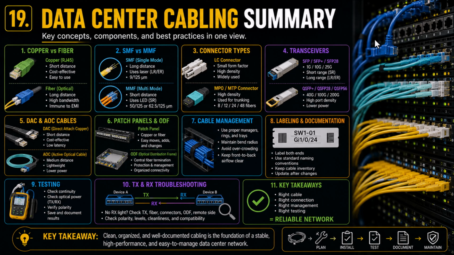We also looked at cable management, labeling, documentation, testing, and TX RX troubleshooting. A well-designed network still depends on a reliable physical layer, and when the physical layer is clean, documented, and properly maintained, troubleshooting becomes much easier.